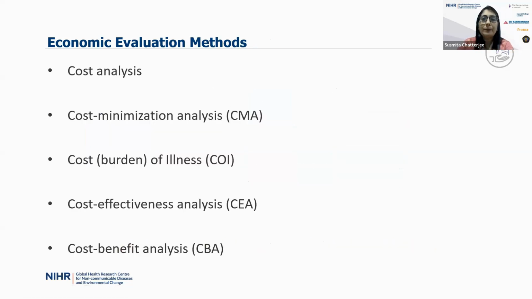Okay. So there are different economic evaluation methods, which I'll be talking about today briefly and eventually in greater detail. As you can see: cost analysis, cost minimization, burden of cost of illness, cost effectiveness, cost benefit.